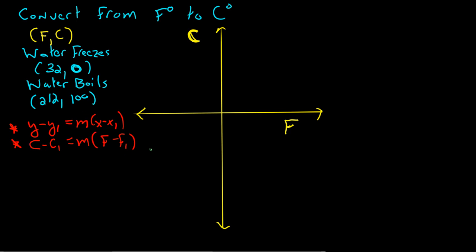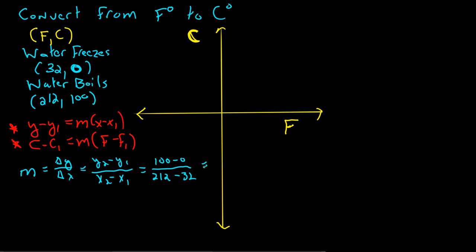We need to find the slope first. So m equals my difference in y's over my difference in x's, or y2 minus y1 over x2 minus x1. And y2 is 100 minus 0 over 212 minus 32, which is 100 over 180, or 5/9.